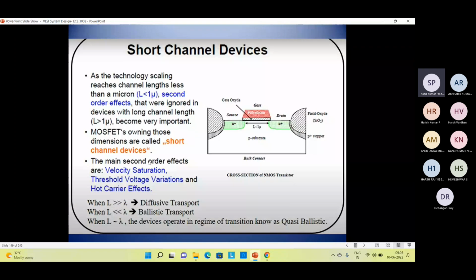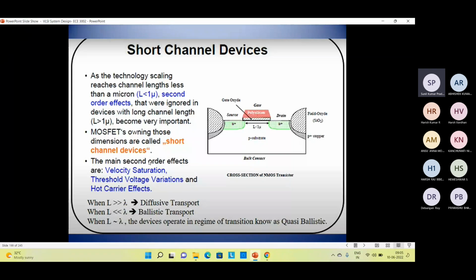Short channel devices, what are the things we have to consider, we need to study well, because the device dimension depends upon the channel dimension which we have in our devices.